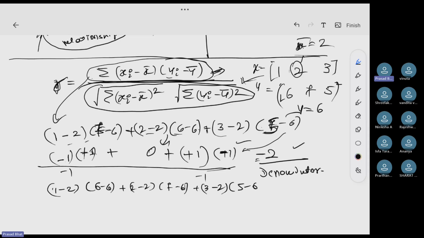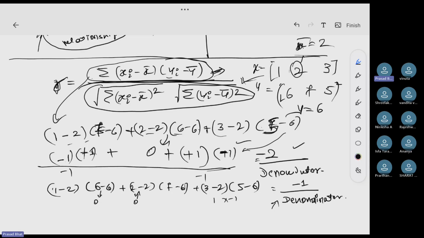So this part becomes 0, this becomes 0, and here 3 minus 2 is 1, 5 minus 6 is minus 1. So the answer is going to be minus 1 divided by some denominator.